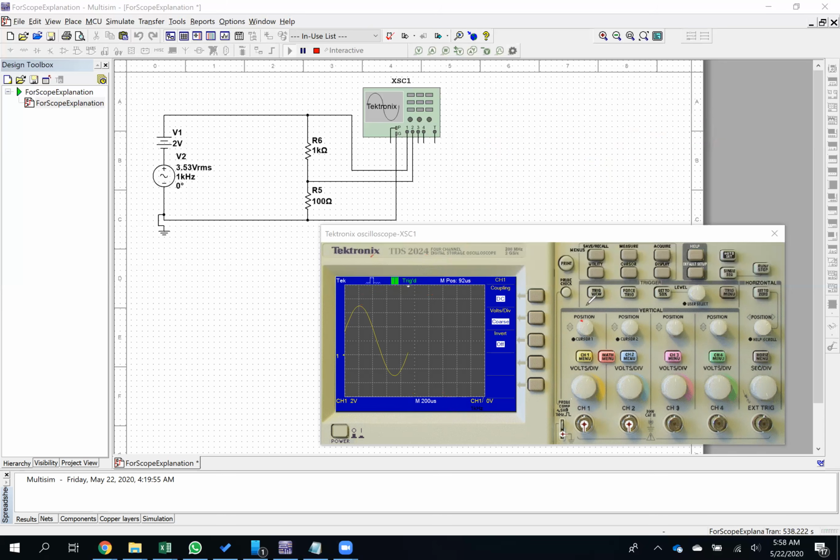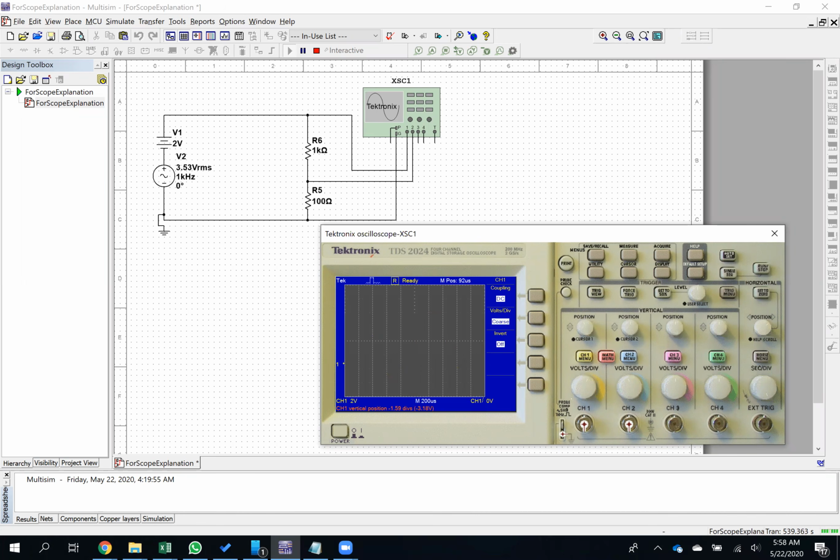If I want to take a peak-to-peak voltage measurement, it's a little bit awkward to read right now because it's in the middle of the major division. So I can position the bottom of the waveform at the start of a major division.